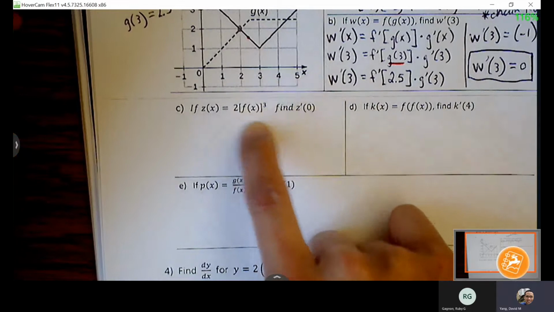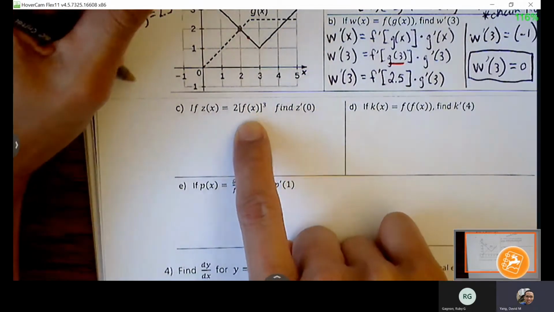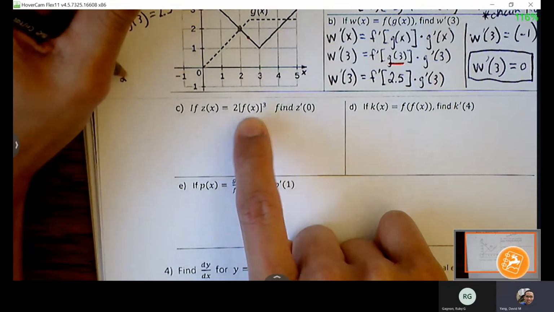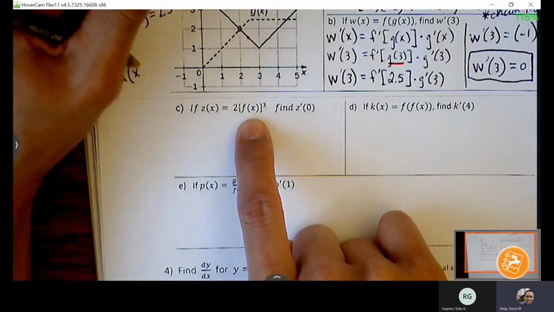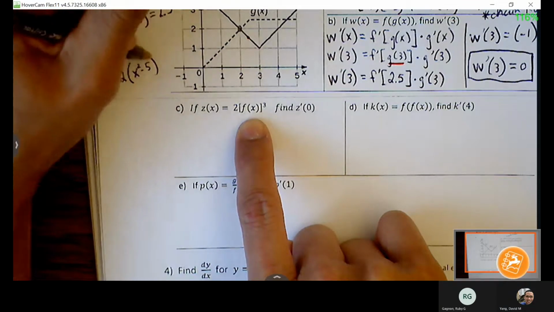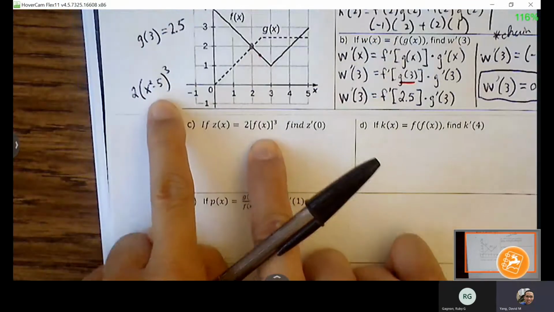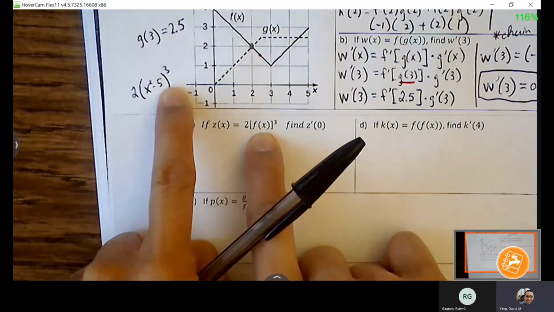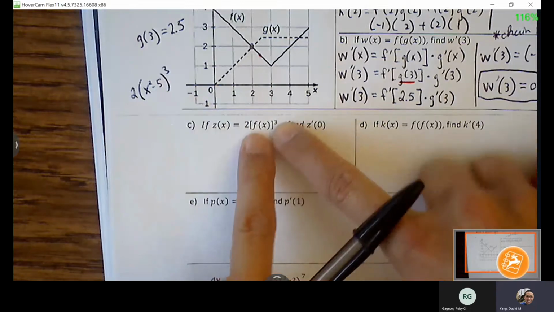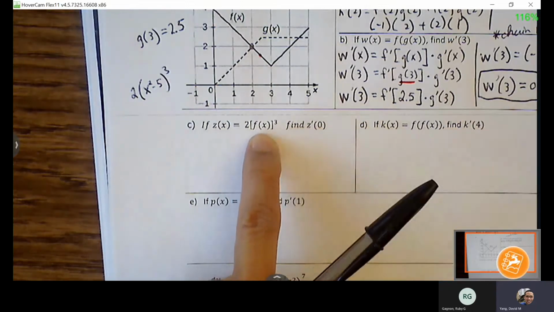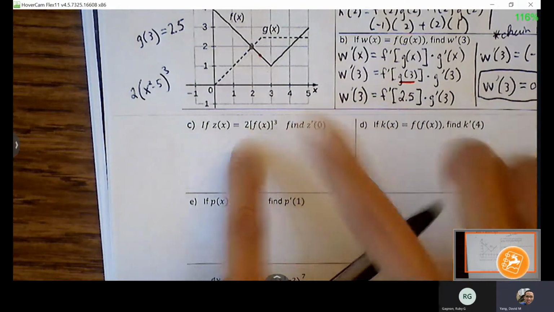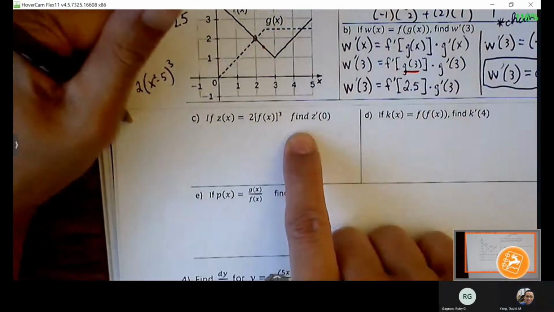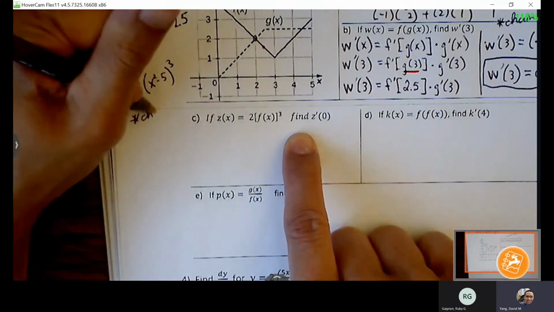You would recognize this as chain rule, right? If I ask you how to find the derivative of this, you would say outside derivative times inside derivative. Same thing here. It's just that the f of x is in function notation, but for the outside we can do power rule. Okay, so let's identify this as chain rule.